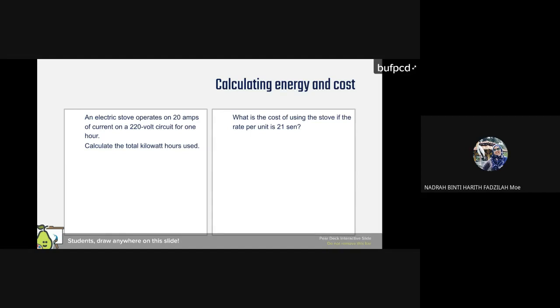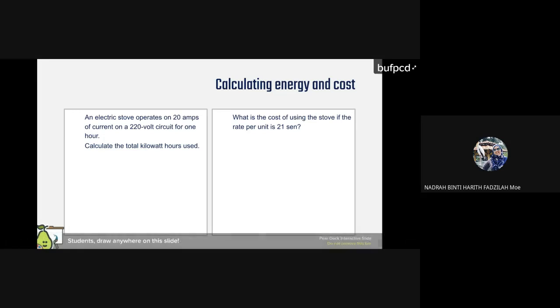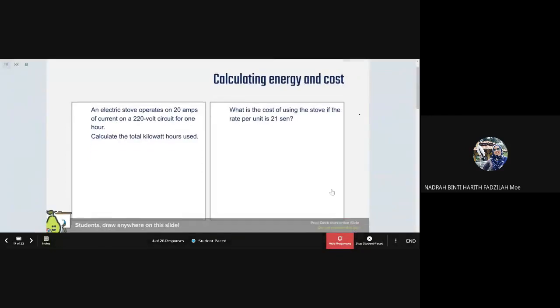Mula-mula kita kena kira electrical energy used, and then barulah kita kira the cost of using the stove. For 1 hour lah. Sebab dia punya soalan ialah, dia punya calculation on the left side tu untuk 1 jam. So kita punya jawapan untuk 1 jam lah.